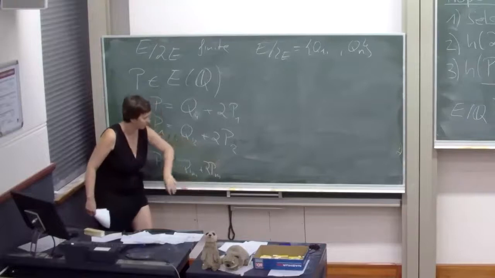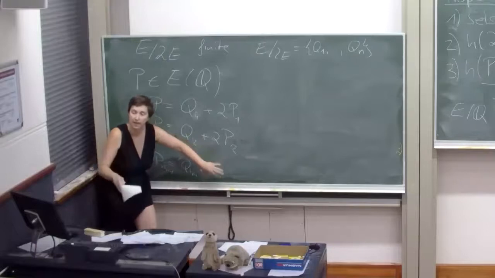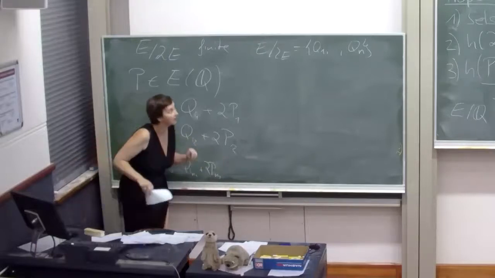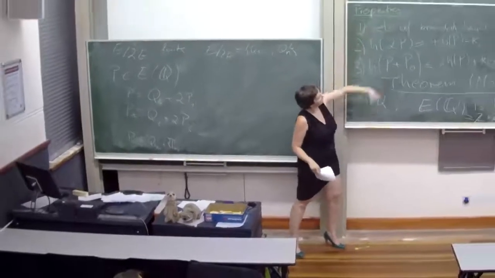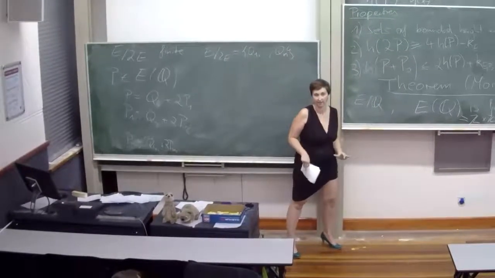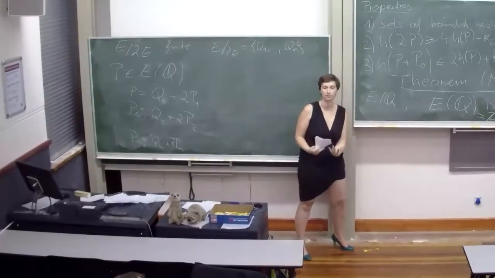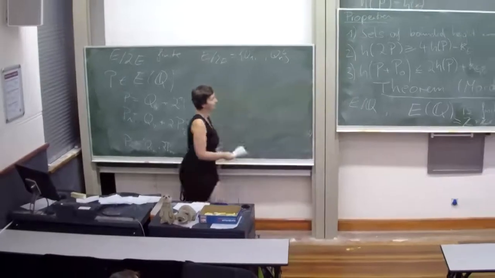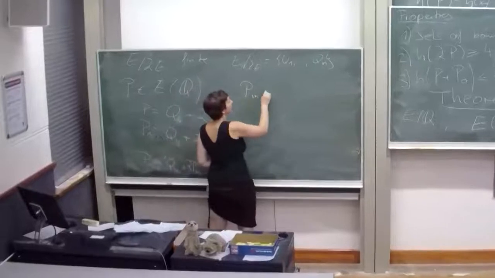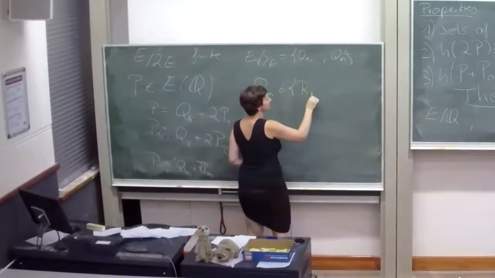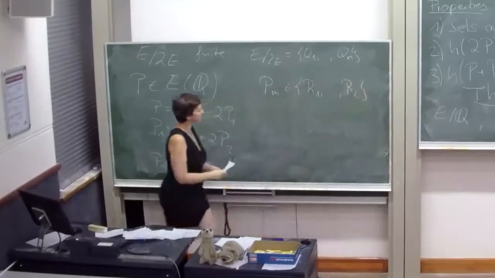So let's say we're at this step, and the height of Pm is lower than a fixed bound. Then we can use property 1 and know sets of bounded height are finite. And this Pm can only come from a finite set of points that only depends on the bound that we have. So let's say Pm comes from the finite set R1 until Rl.